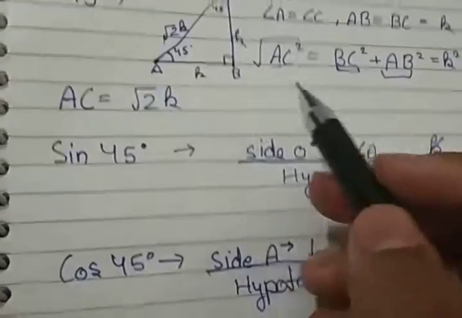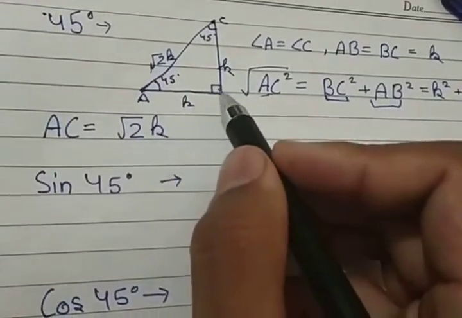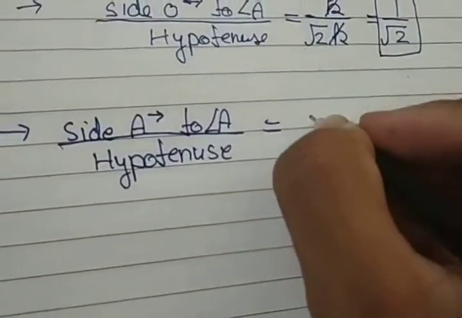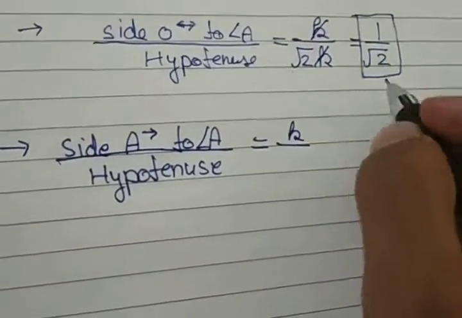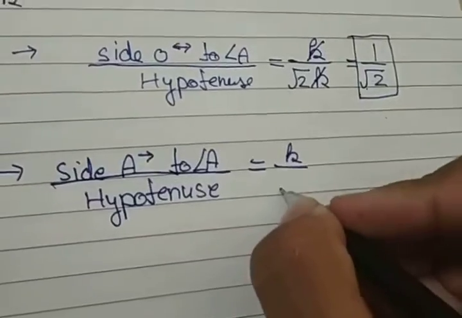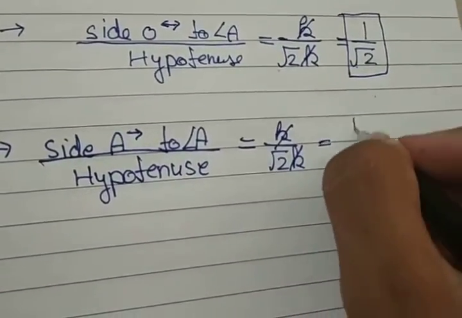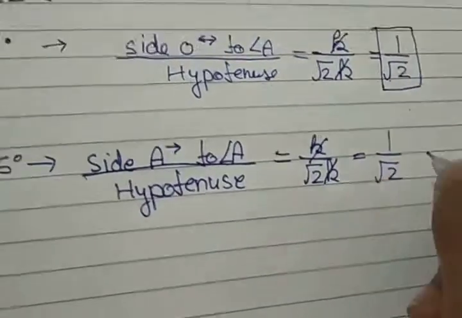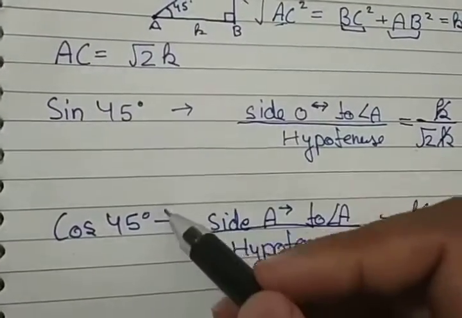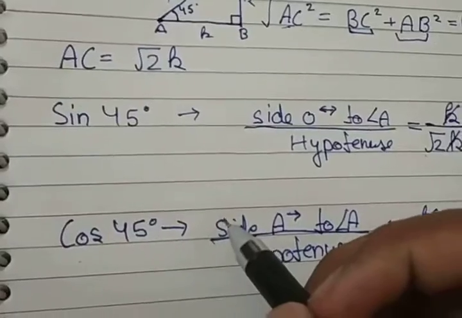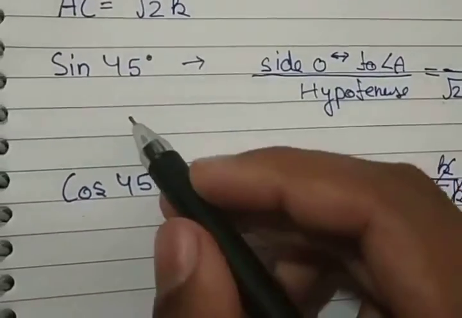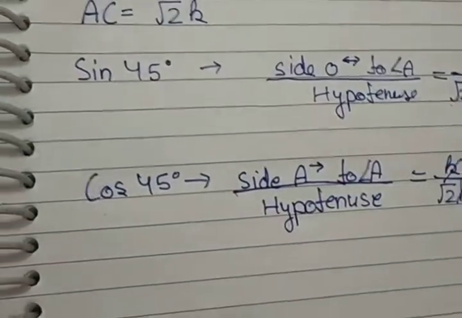Side adjacent to angle A is of length K. Simply write here K, and hypotenuse is the same as this one here, which would be again root 2 K, and K would cross out by K, again making the value 1 by root 2. So sine and cos 45 degrees both are 1 by root 2, and in this same manner we can find out all the ratios for the 45 degree angle.